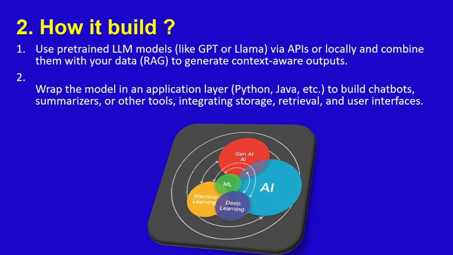And the second one is how we are going to build the actual system. To build these systems, we are going to use application layers, which could be Java or Python, to build the chatbots. If you want to interact or see the real outputs, or if you want to give inputs to the RAG pattern, we need some chatbots, which you can build with technologies like React.js or JavaScript.